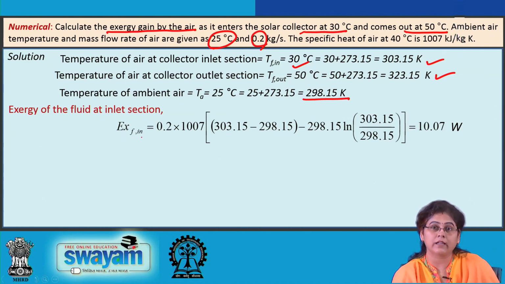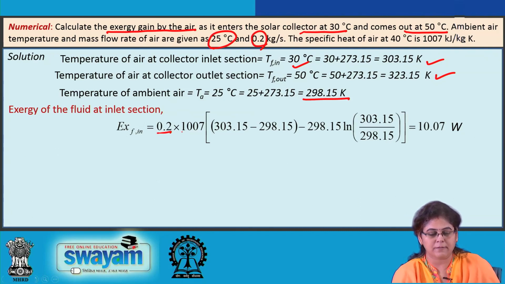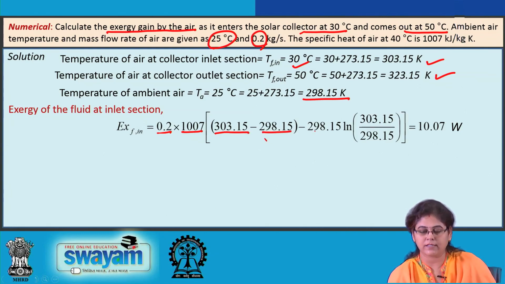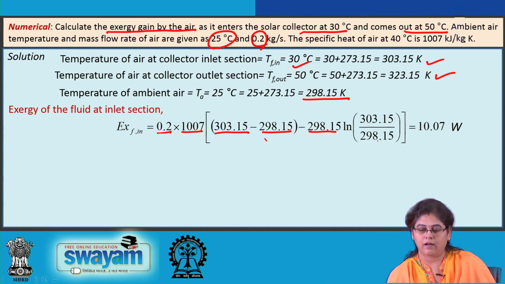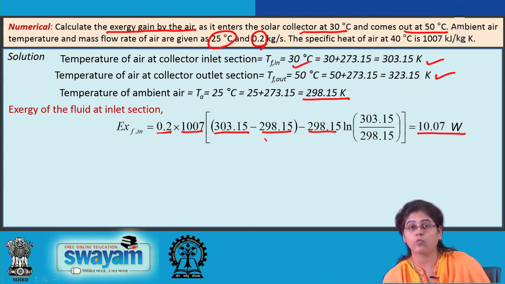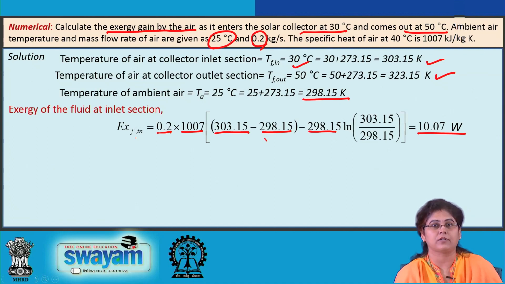Exergy of the fluid at the inlet is mCp (Tf in minus Ta) minus Ta ln of Tf in upon Ta, where m is the mass flow rate of air and Cp is given. And we are getting 10.07 watt for the exergy of the fluid at the inlet section.